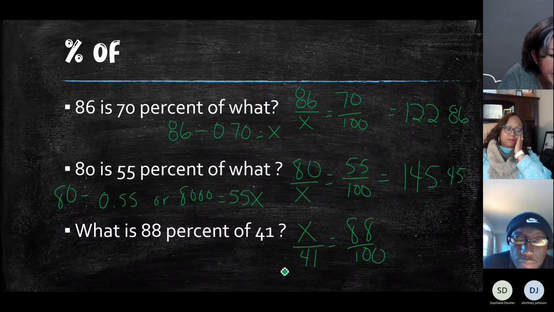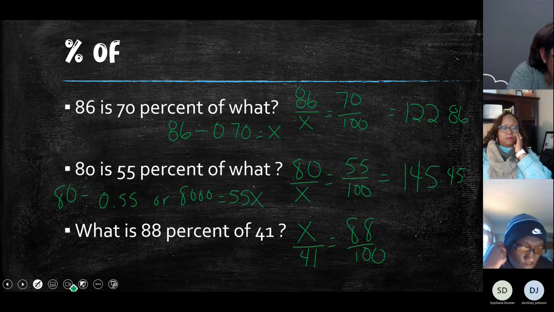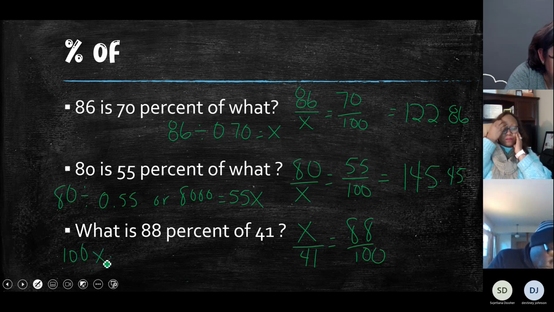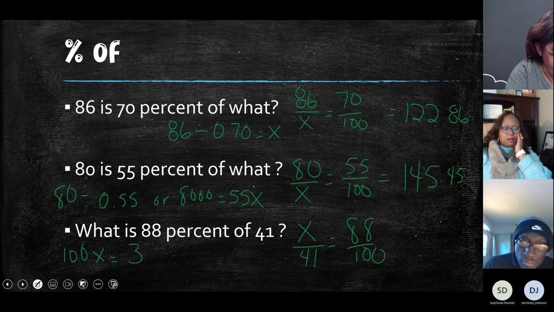Okay, so this time we're going to have 100x equals, what's 41 times 88? 3,608.